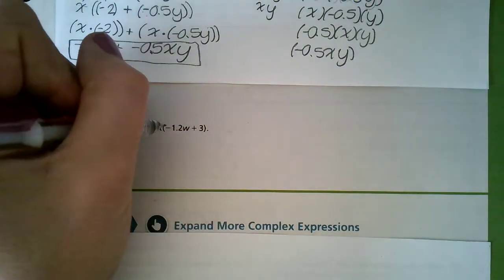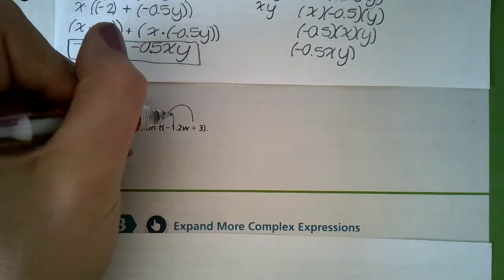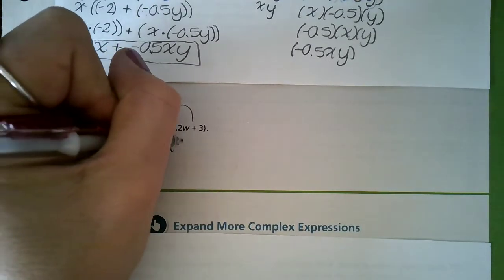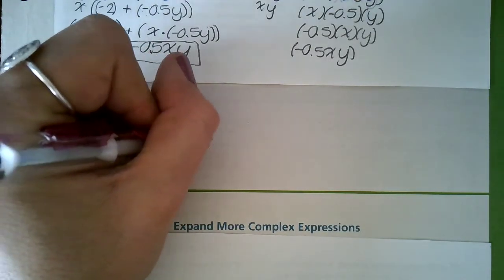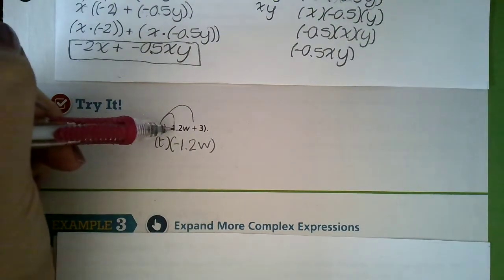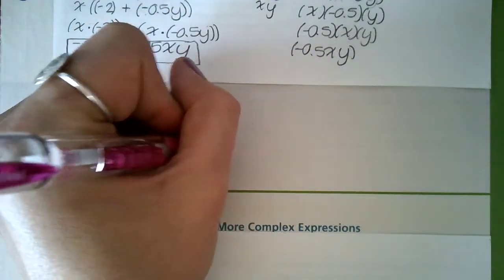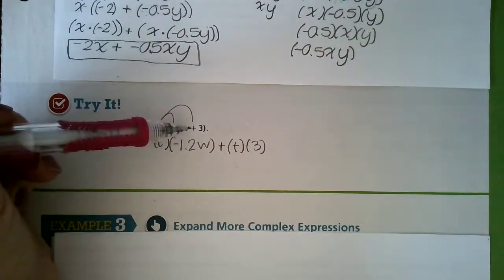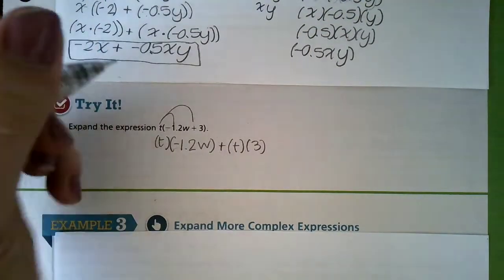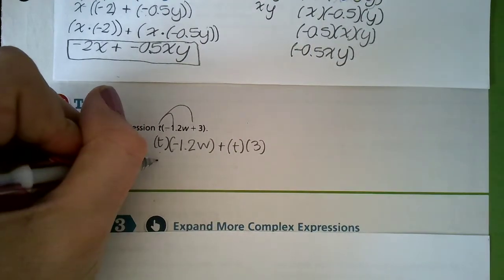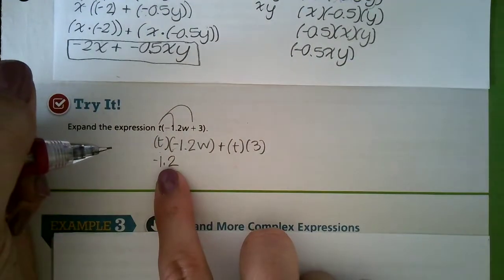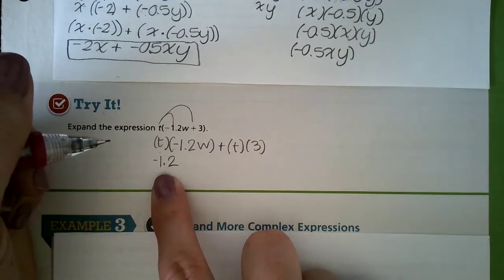All right, so let's go over this one together. So we have t times negative 1.2w. Again, that negative goes with the 1.2w plus t times 3. That's my second term. So I multiply these together. I always want to start by writing my coefficient in front.